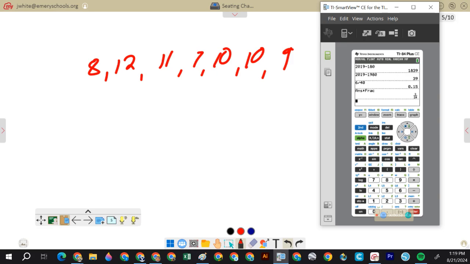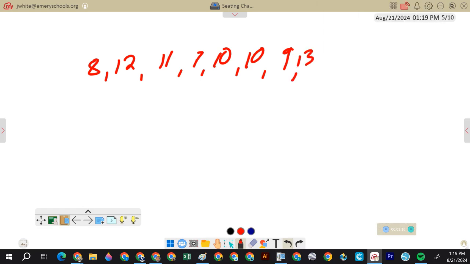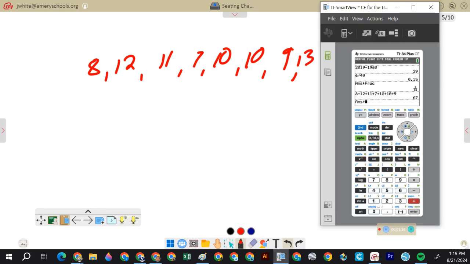So to find the average, 8 plus 12 plus 11 plus 7 plus 10 plus 10 plus 9 divided by, how many are there? 7? Let's do one more just for fun. 13. So plus 13 and divided by 8, and I get 10.